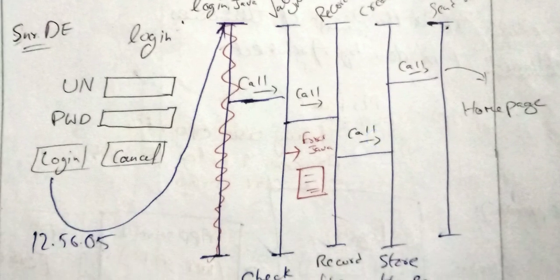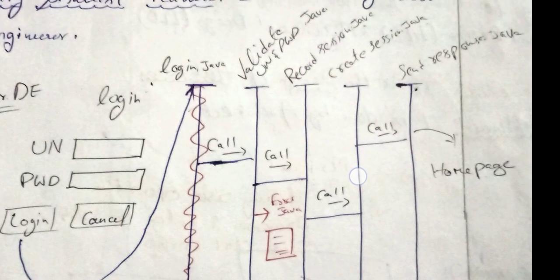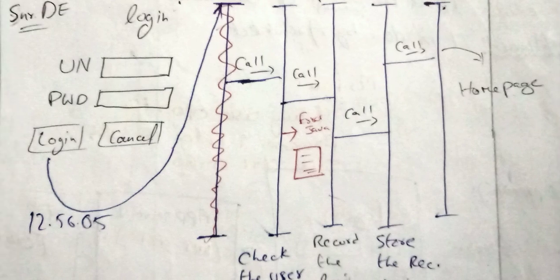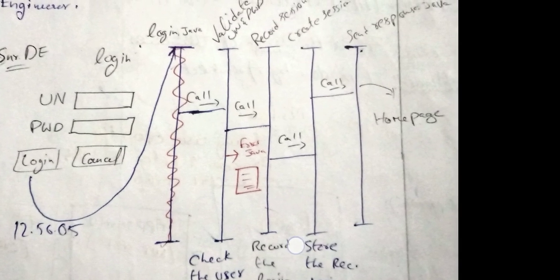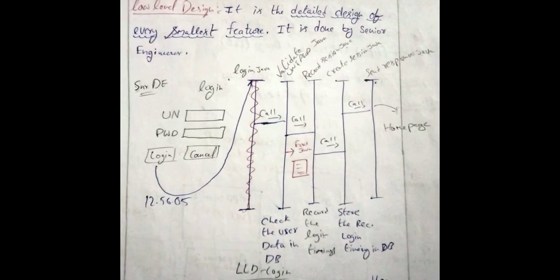If really that account exists, then it calls the record session.java. Record session means timings, at what time he logged in, that timing will be recorded, and the recorded timings will be stored in the database, for which the create session.java page will be called. In create session.java, the timing will be stored for a particular period of time. After that, the home page will be displayed.